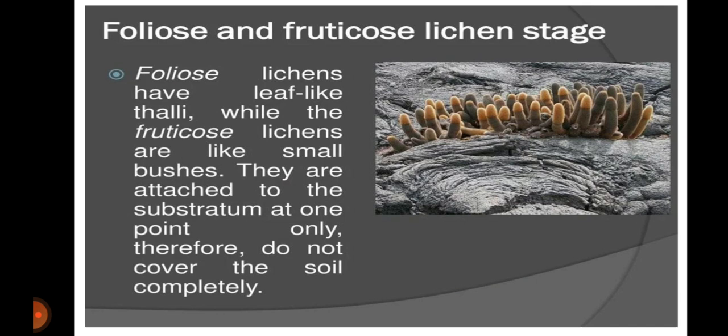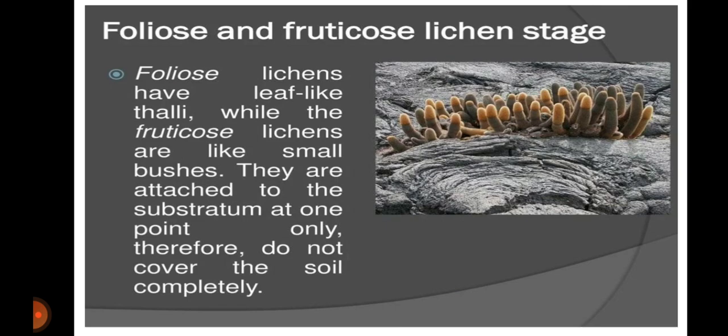When the habitat changes and some moisture is formed with the dust particles, the space is no longer suitable for the foliose lichens. When the habitat changes, another stage occupies the place.